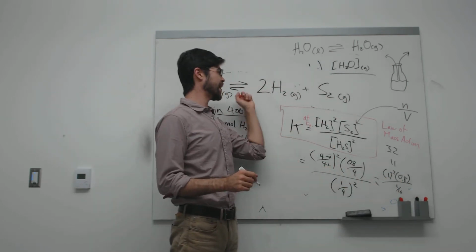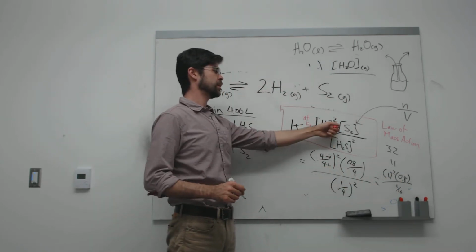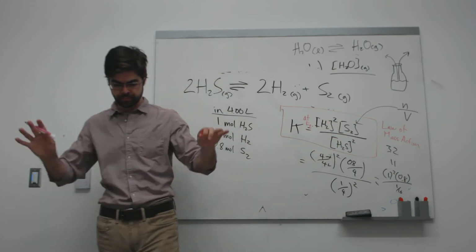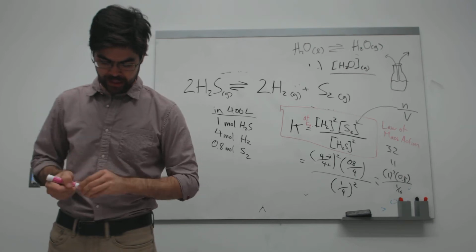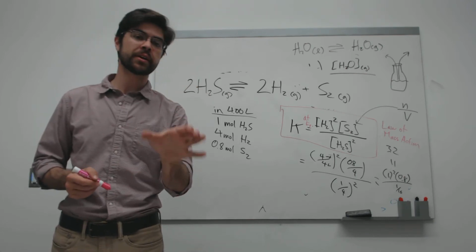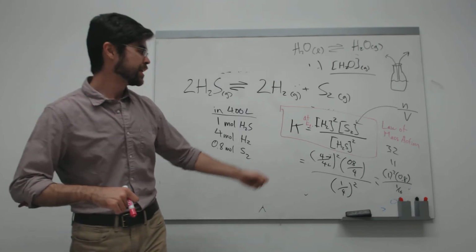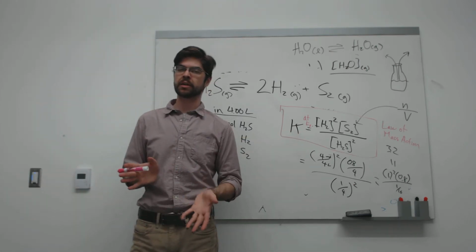That if you have a reaction that's at equilibrium, the ratio of the products over the reactants is equal to a constant. That's the law of mass action. The constant that they're equal to is called the equilibrium constant. So the equilibrium constant has some particular value.